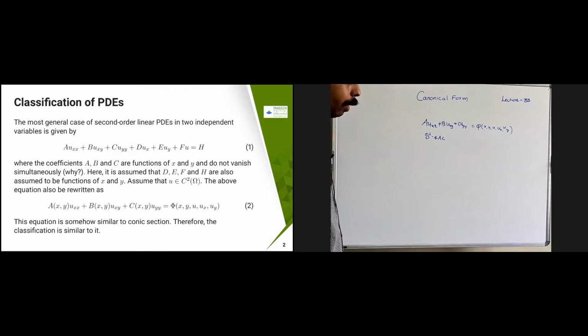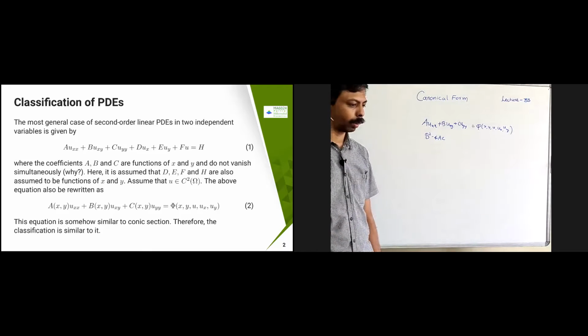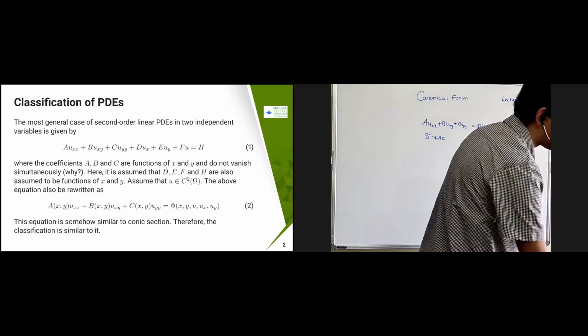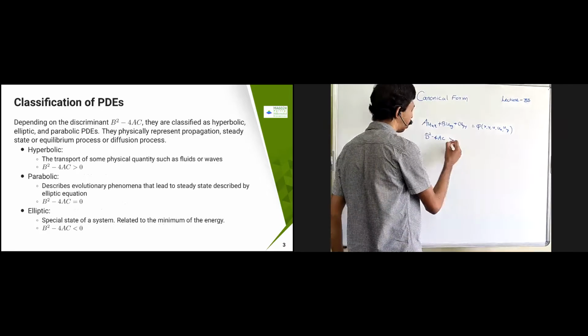So what we have is, for u belonging to C square of omega, and A, B, C functions of x and y which are continuous, etc. We have seen that. Now we are classifying it according to b square minus 4ac. If b square minus 4ac is greater than 0, that is called hyperbolic.